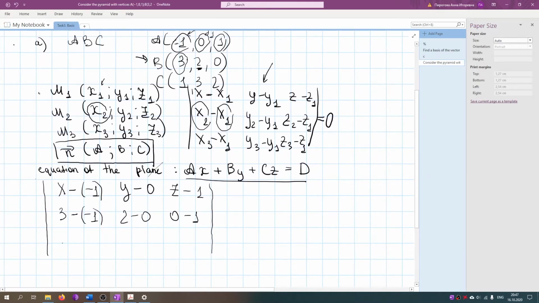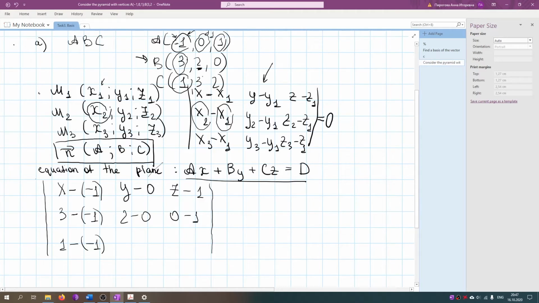The next thing is x3 minus x1. So what is it? x3, it is here, and x1 is -1. And it is 1 minus -1. y3 minus y1.